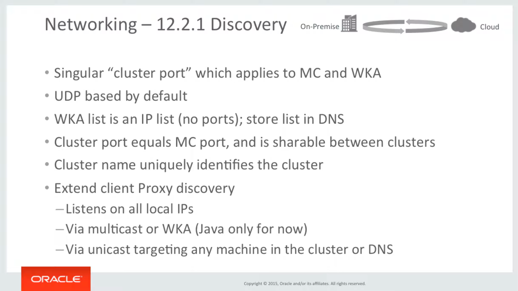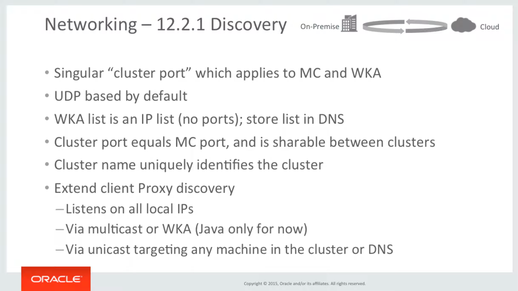One other very nice feature about this is that the port is actually shareable between clusters. So if you're going to run two clusters on the same multicast address, they can share the same cluster port. And in fact, if you're going to run two clusters on the same machine, and they can be multicast or WKA or a mix of either one, they can also share a single cluster port.